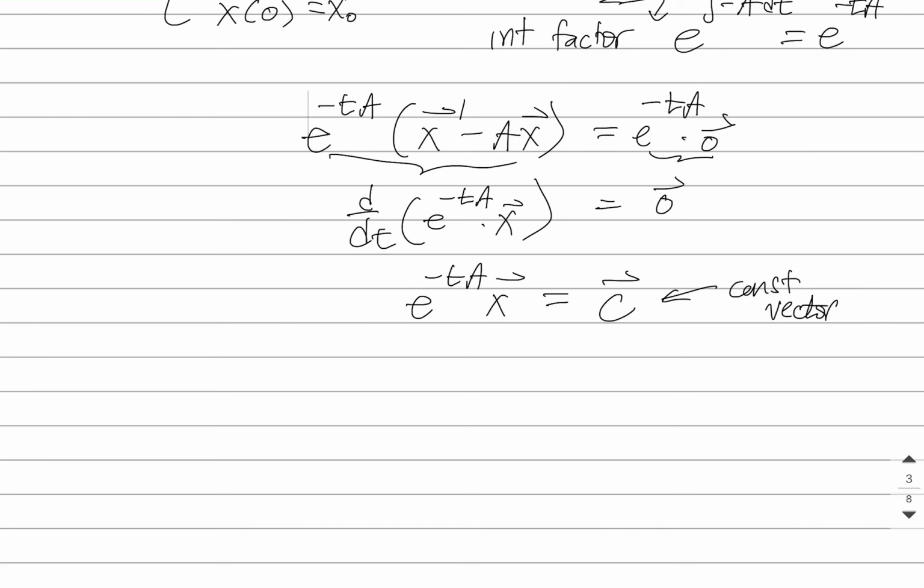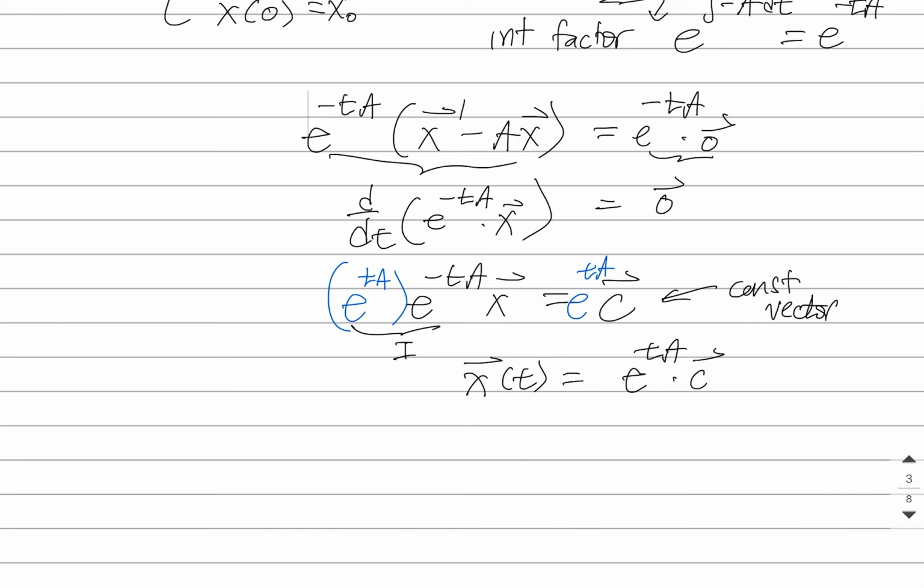And normally we would divide through by this exponential function, but now instead what we need to do is multiply by its inverse up here. And so the inverse in this particular case is going to be e to the ta. So there's an e to the ta there. We are going to multiply through. This is going to give us the identity. What we'll have is x of t is e to the ta times this constant vector.